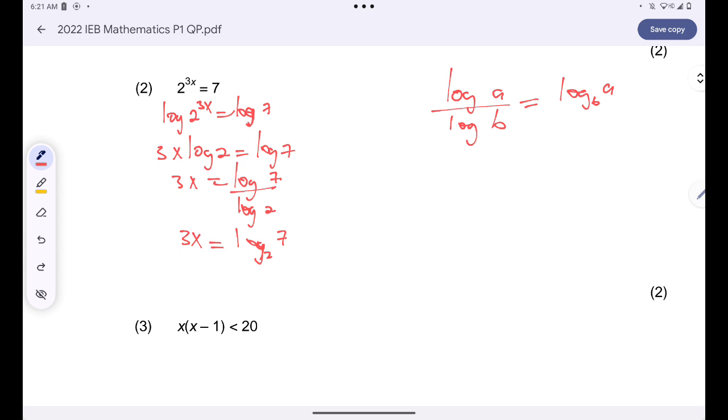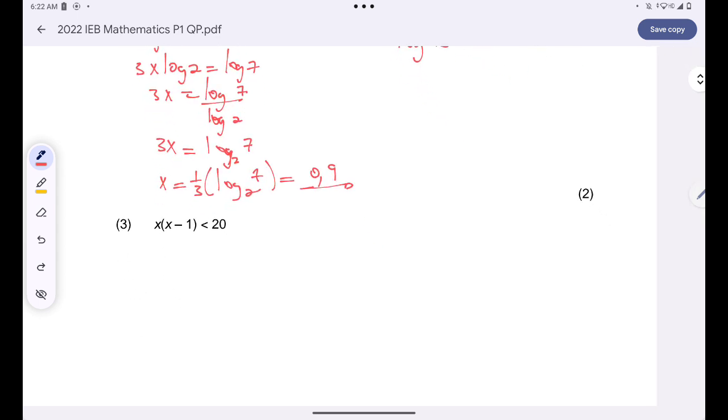Whenever I multiply both sides by 1 over 3, I'll simply have x equal to 1 over 3 multiplied by log 7 base 2, which is, let me punch my calculator, 1 over 3 multiplied by log 7 base 2. I'll simply get 0.9, because I was told to round off to one decimal place.